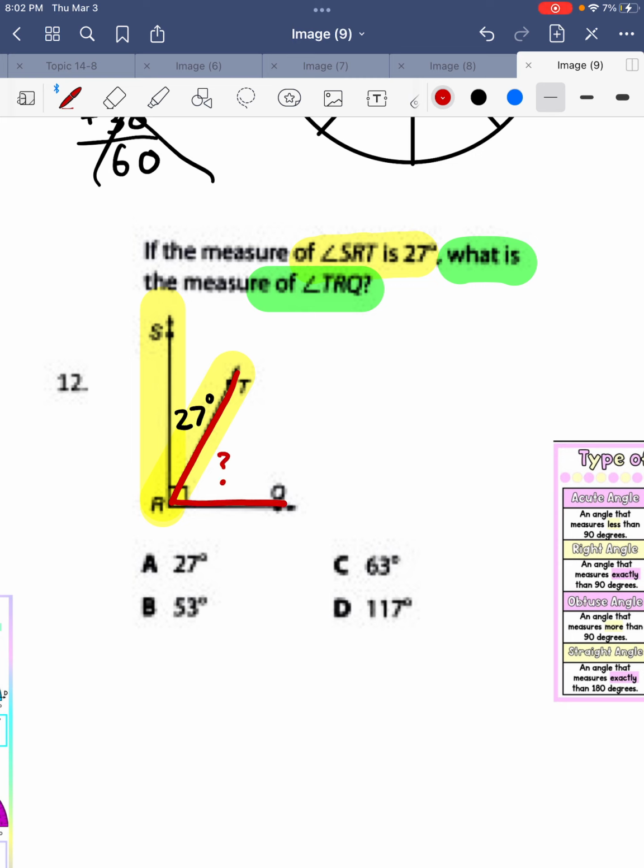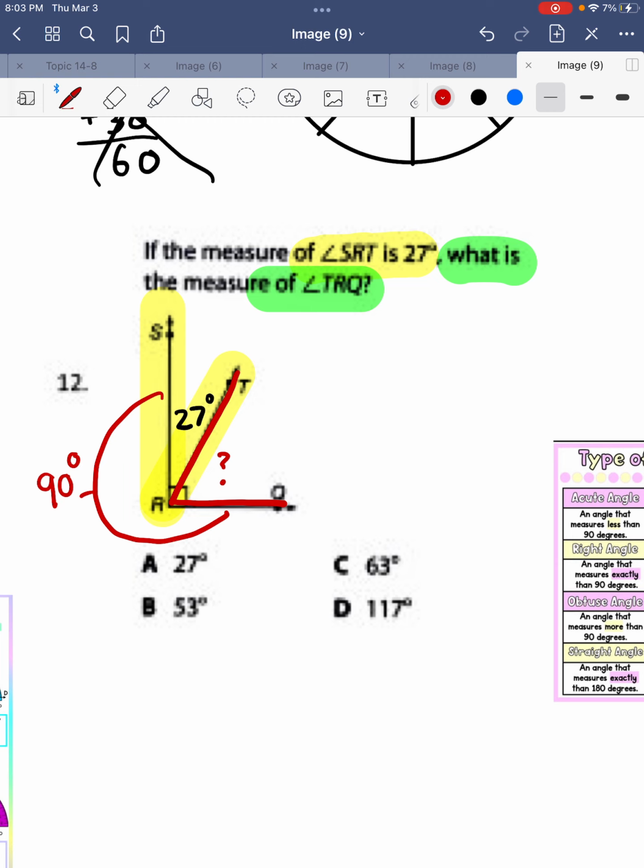I don't know. So now let me look at this angle. I notice that this whole angle right here is a perfect L, and it has a box inside too, which is telling me that this whole angle is 90 degrees. So I'm going to put whole angle 90 degrees.